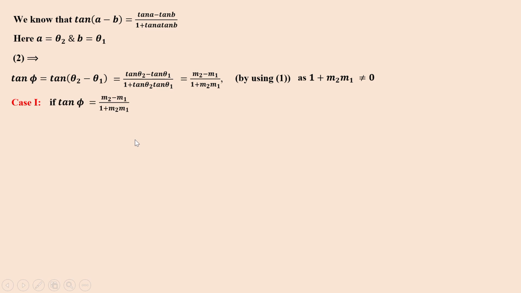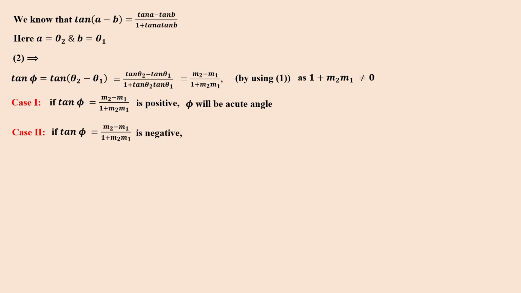So case 1: if tan phi is equal to m2 minus m1 by 1 plus m2 m1, and that value is positive, then phi will be an acute angle, right? Case 2: if tan phi equal to m2 minus m1 by 1 plus m2 m1 is negative, then phi is an obtuse angle.